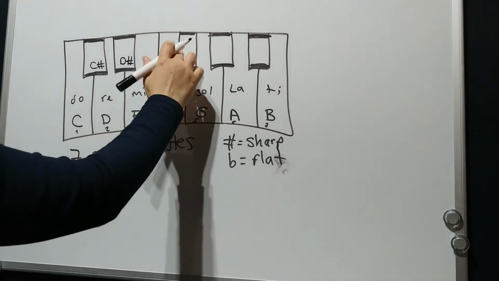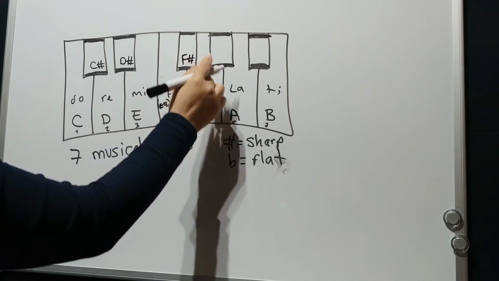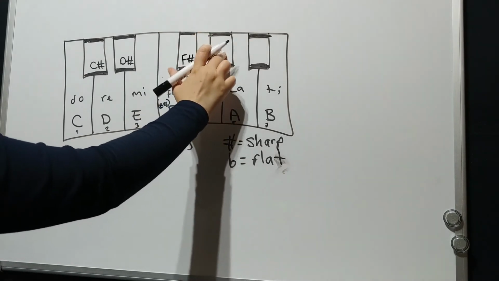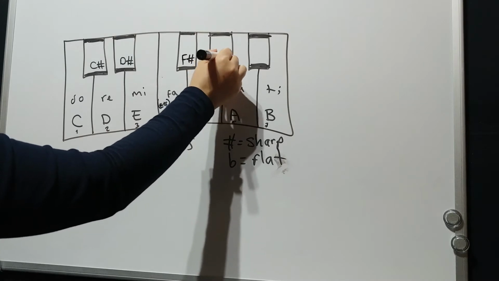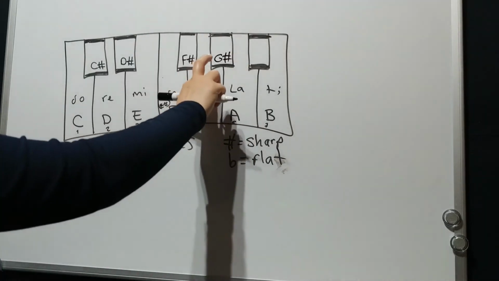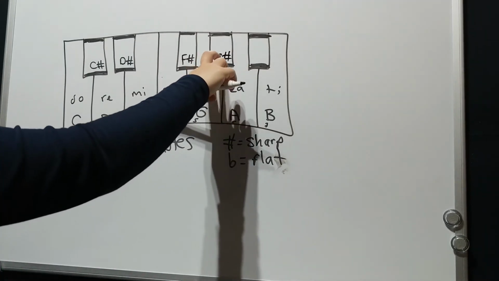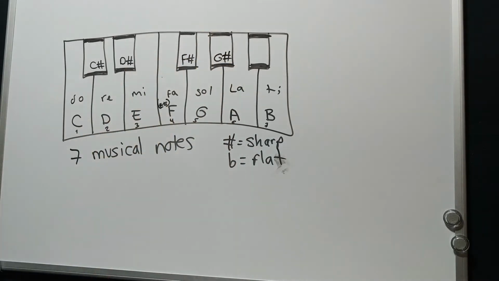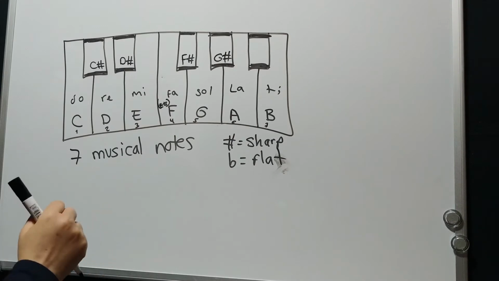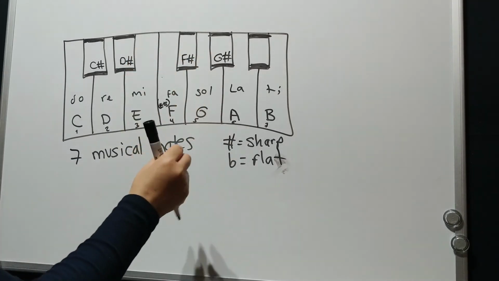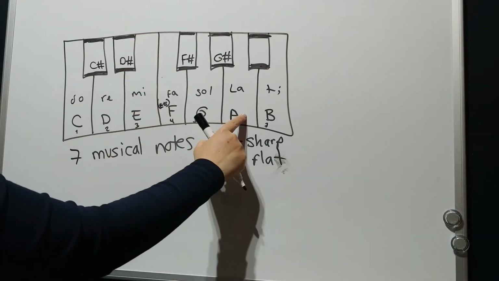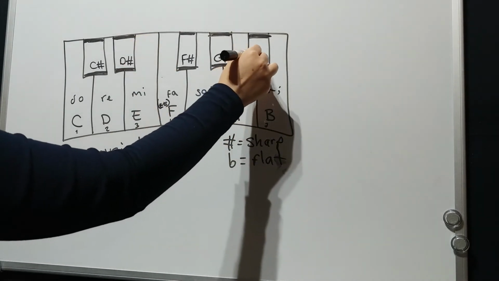Then F, F sharp, G. I don't have any other way to go than the next note, which is this one, therefore I call it G sharp, because I just go 1 half step up, therefore it's still G, this note, but it's not totally G, it's now sharp. That means it goes a little bit up. So A sharp.